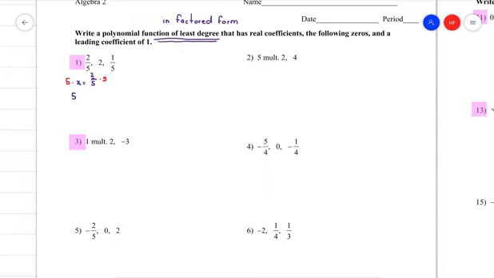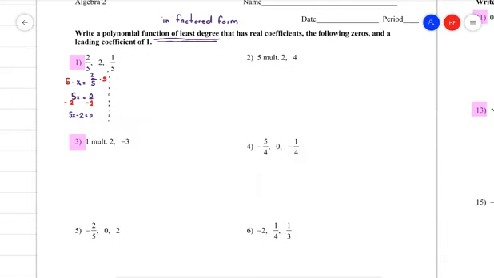That gives me 5x is equal to 2. Then I still want that equals 0, so I'm going to subtract 2 from both sides. And I get 5x minus 2 is equal to 0. And so that means my factor that belongs there is 5x minus 2.